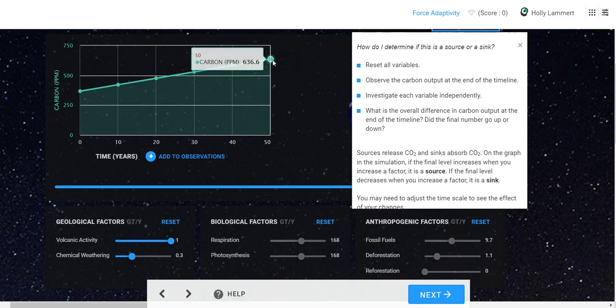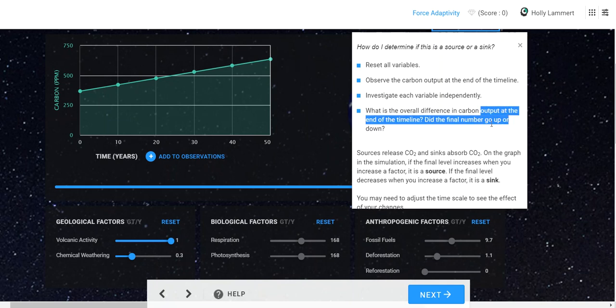And now it went up from 615 to 636. So is that carbon a source or a sink? That would be a source because it's increasing the carbon because it went up.